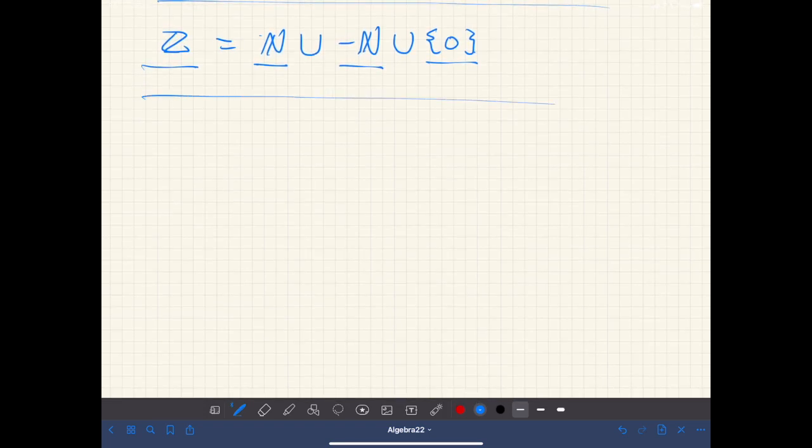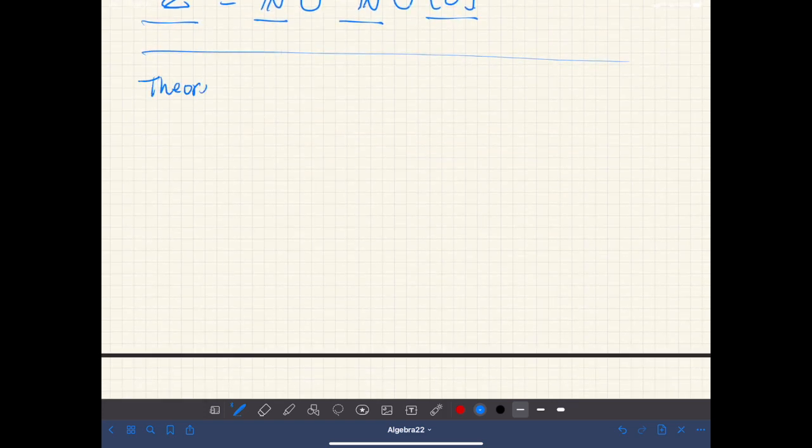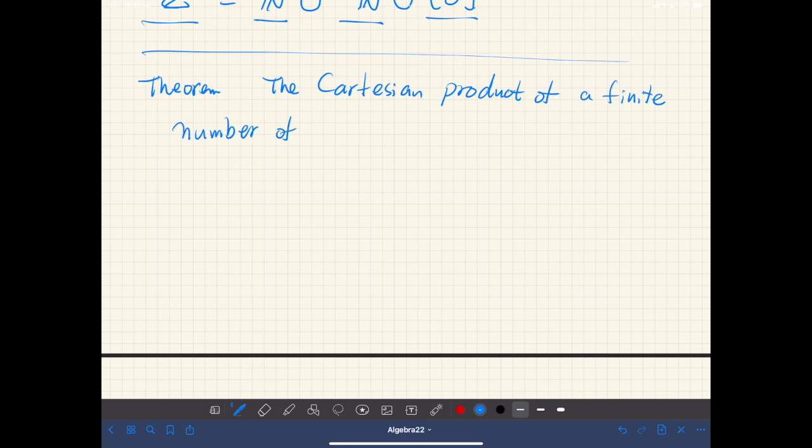The next theorem should also be almost trivial. That is, the Cartesian product of a finite number of countable sets is countable.